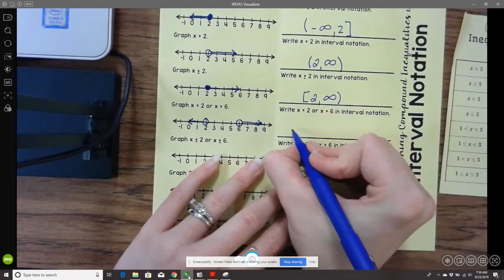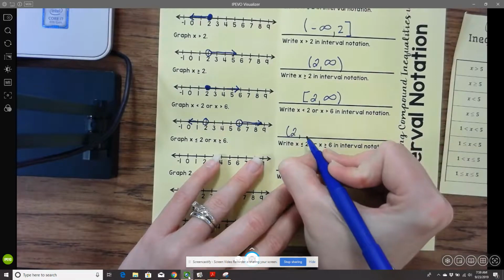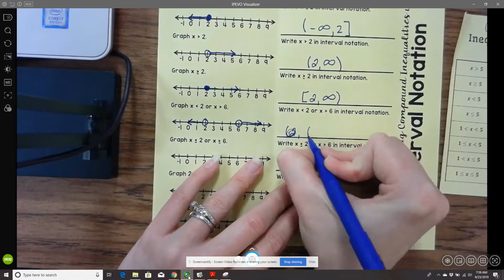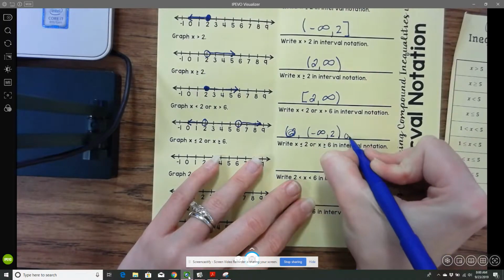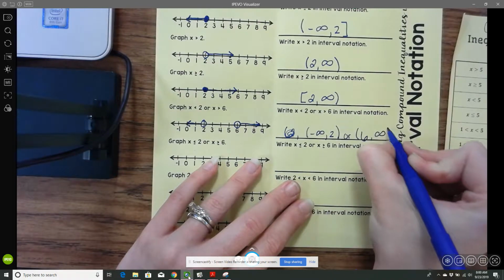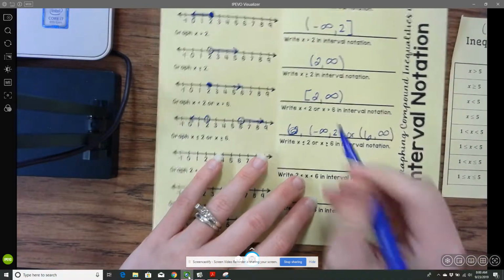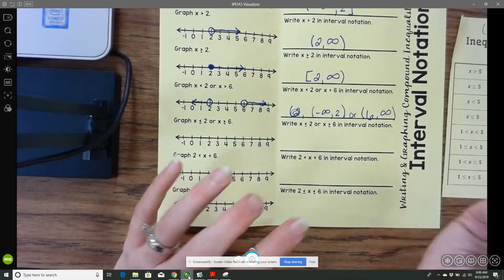So you would have negative infinity to 2, or you would have 6 to positive infinity. And then you can also write these as a union. There's a way to do that with a U.